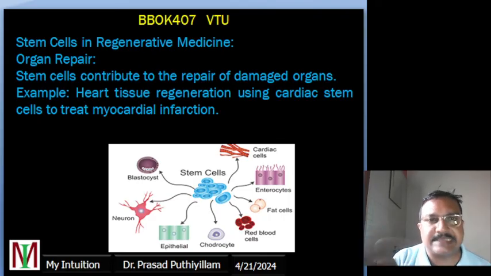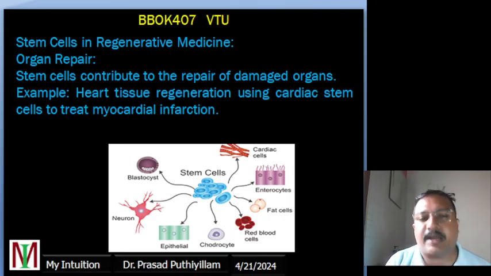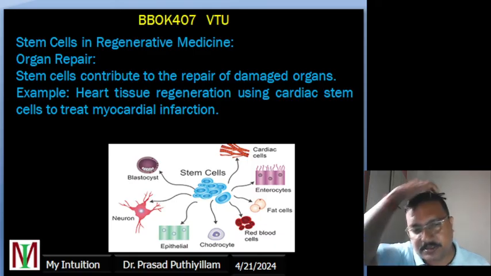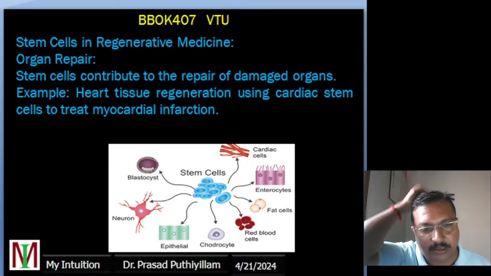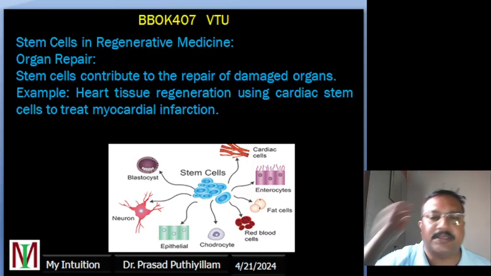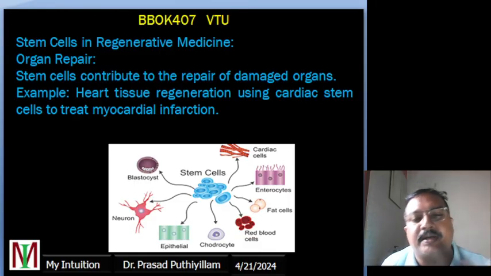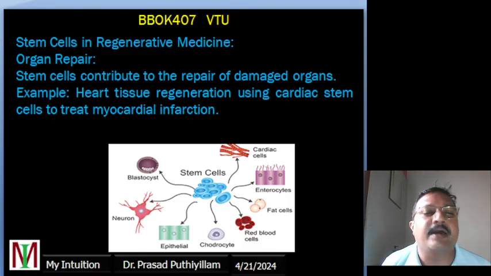So researchers are studying the use of cardiac stem cells, which are found in small numbers within the heart, to regenerate the damaged heart muscles. These stem cells could have very good potential to rebuild the healthy tissue and improve the heart function after a heart attack.